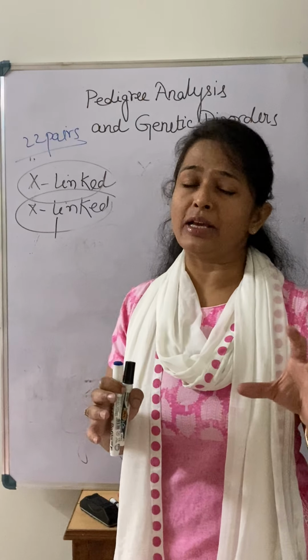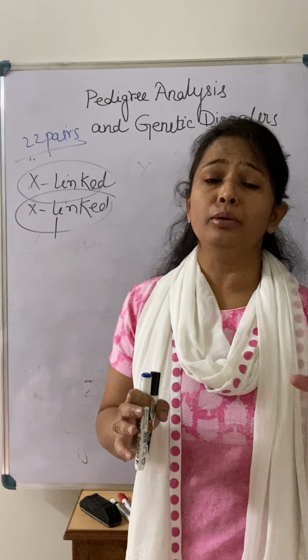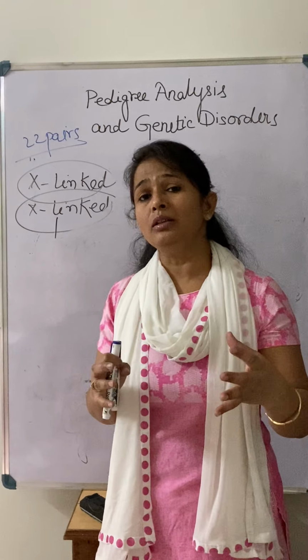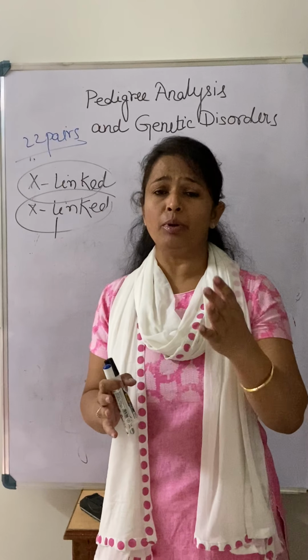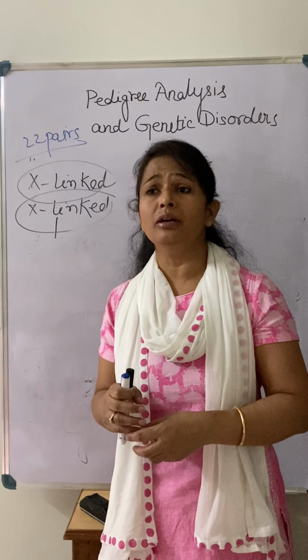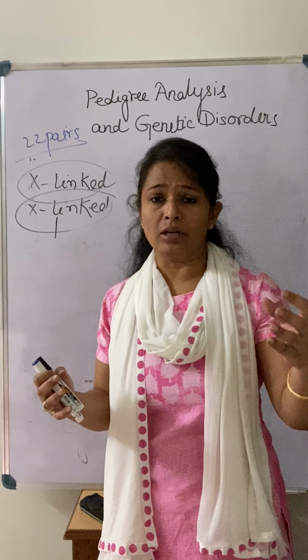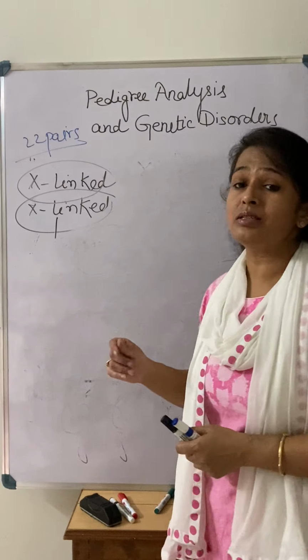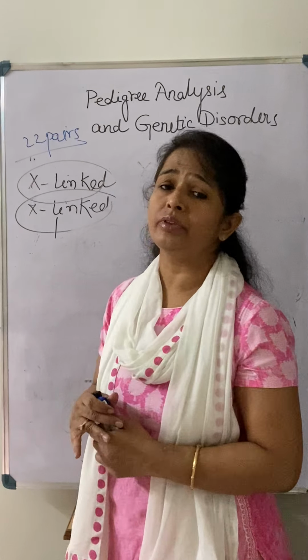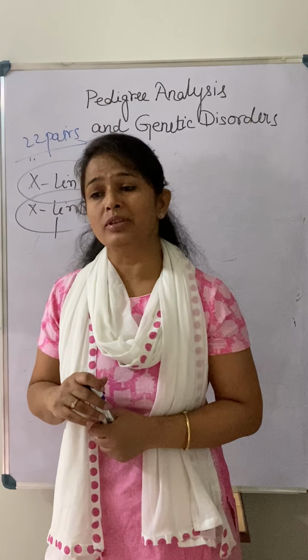The actual structure of the RBC is biconcave, but due to this mutation, a change takes place in the shape of the RBC, and they become a long crescent-shaped structure. So that we call sickle cell anemia, and this is the example of an autosomal recessive disease.